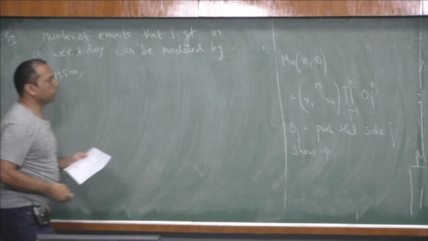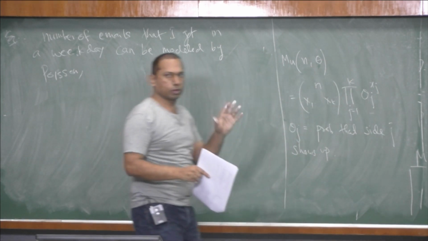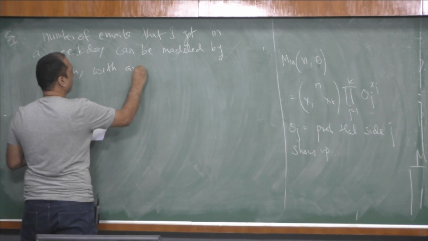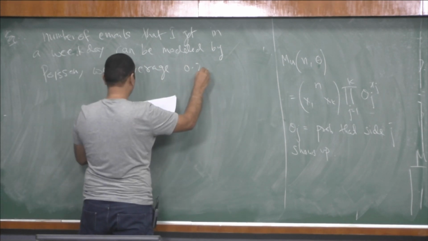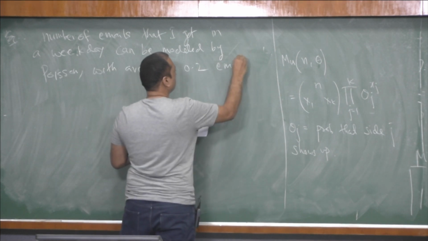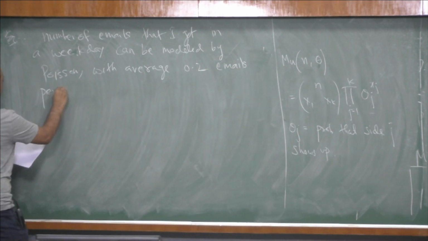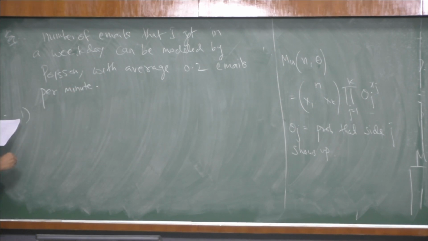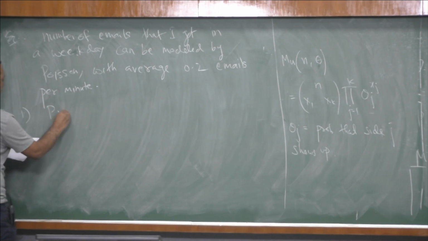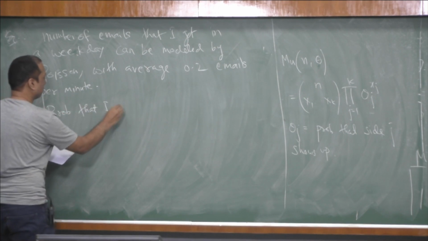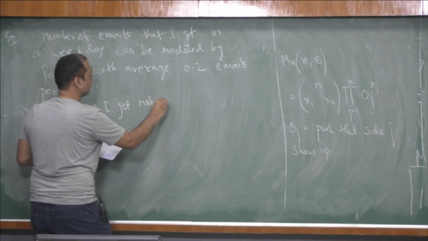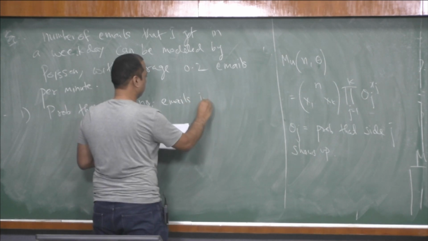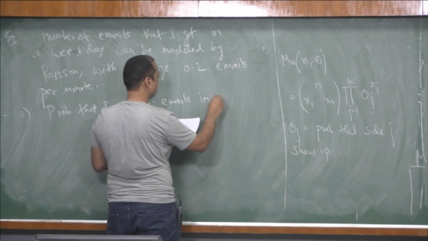As I said, lambda stands for average. So I'm saying on average, with average 0.2 emails per minute. And then the question is, what is the probability that I get no emails in an interval of length 5 minutes, in 5 minutes?